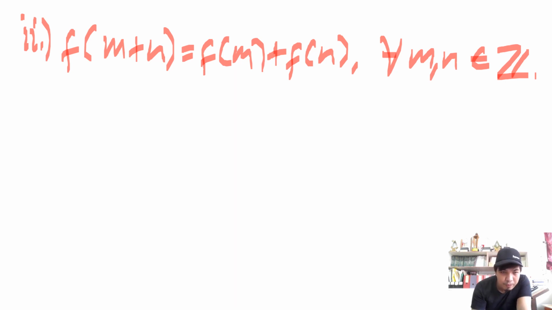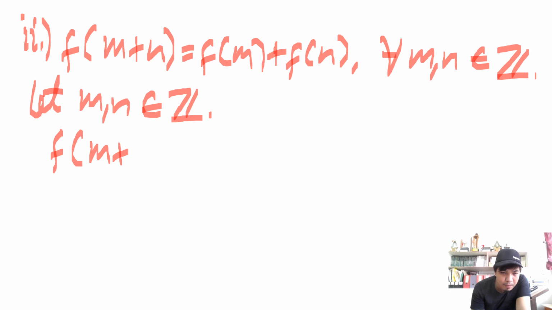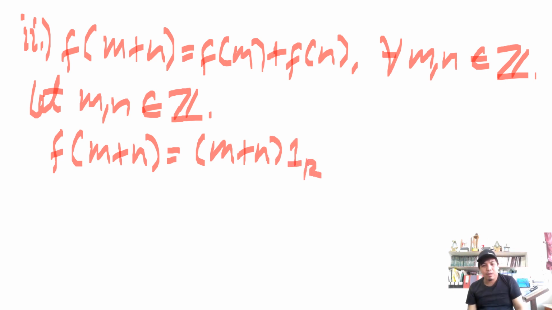To start, suppose we take two elements m and n in the set of integers. By definition of the function f, f of m plus n is equal to the quantity m plus n times the identity element 1 sub r.